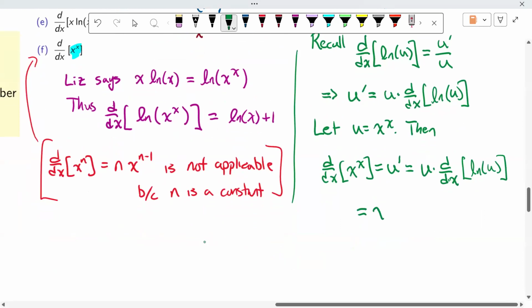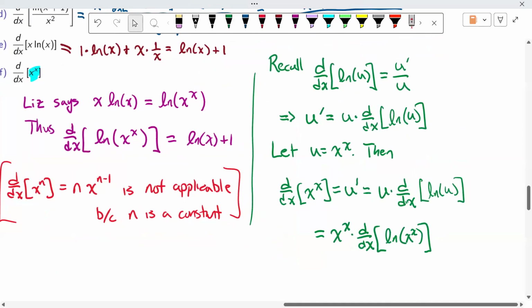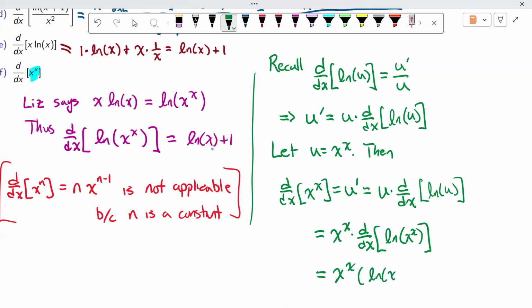This is x to the x times the derivative of natural log x to the x. And it'd be nice if we knew the derivative of natural log x to the x. Does anyone know how to take the derivative of natural log x to the x? Yes, Liz does. The derivative of natural log x to the x is that thing. x to the x times natural log of x plus 1. That's the answer for part F.